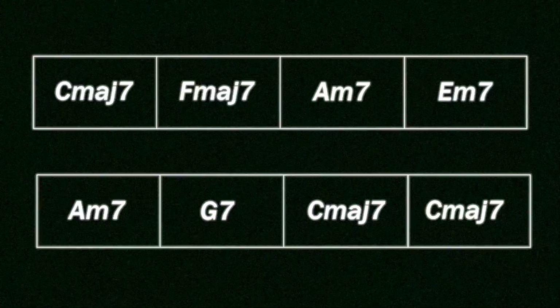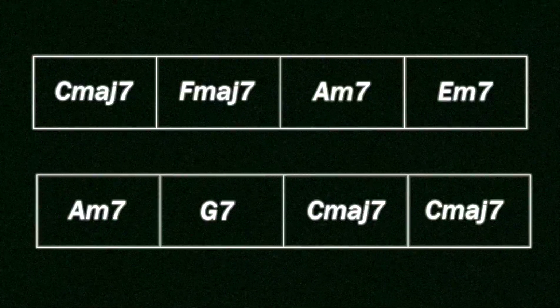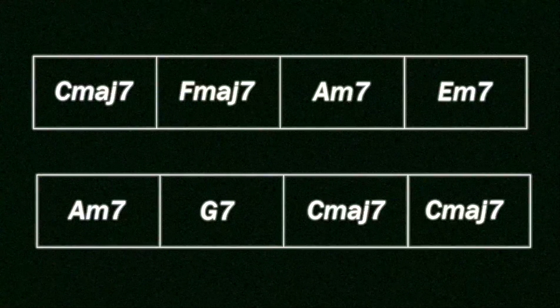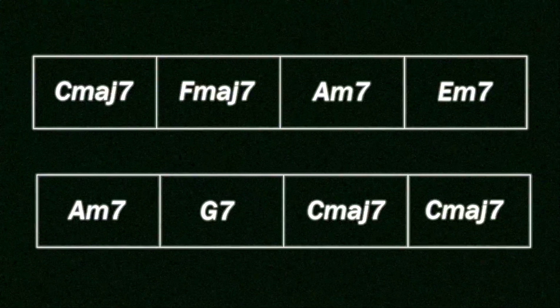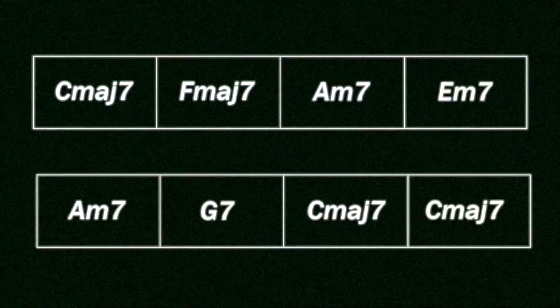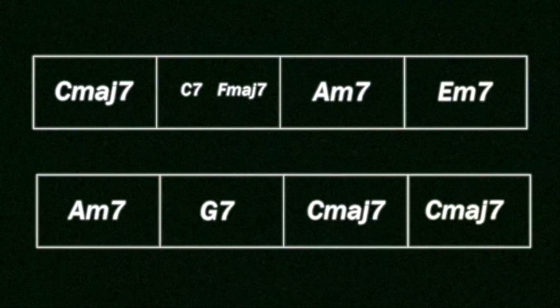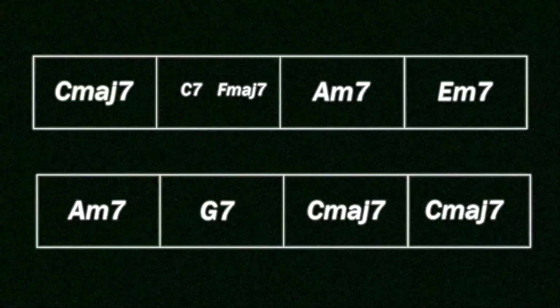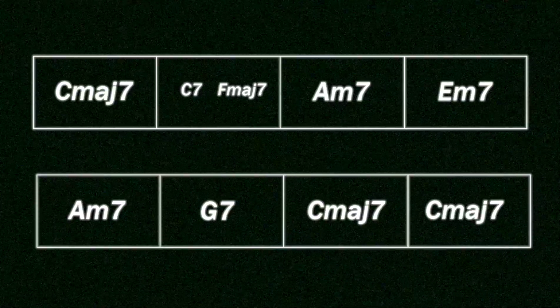Well, let's start by adding F major 7's secondary dominant. The fifth note in F major 7 is C, so let's place C7 in front of F major 7. Great! What else can we do?